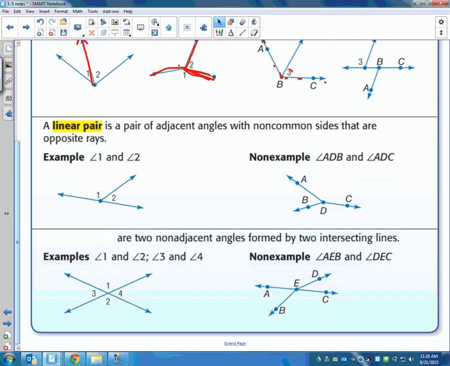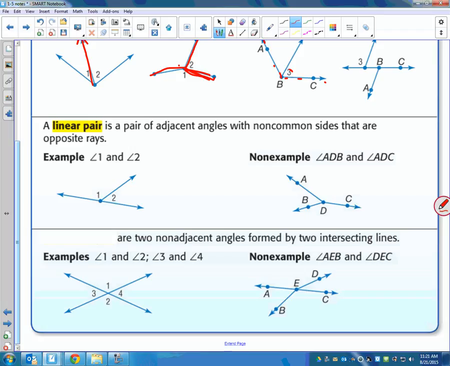A linear pair. My definition and the book definition might be a little different sometimes. The book says a linear pair is a pair of adjacent angles, so they share a side, with non-common sides that have opposite rays. I think a linear pair is a pair of angles that make a straight line together. Does that make sense? So you see how angle 1 and angle 2, they're opposite rays.